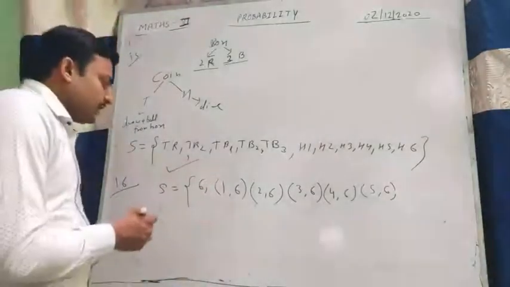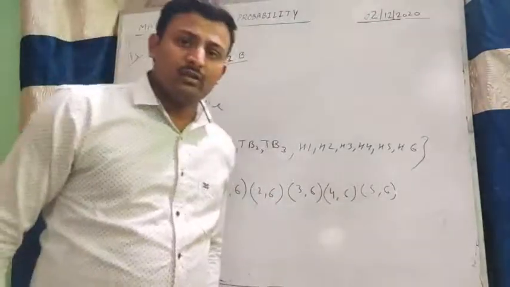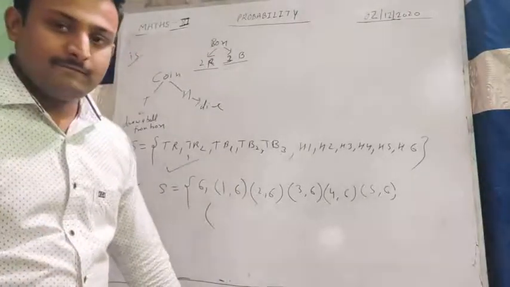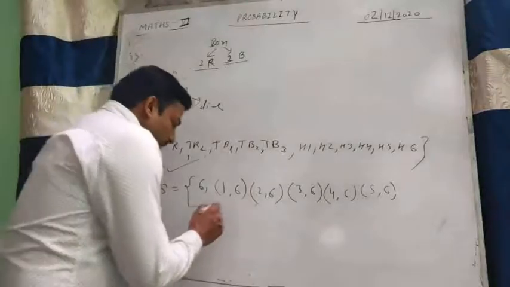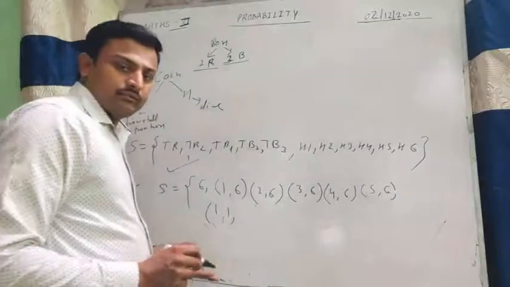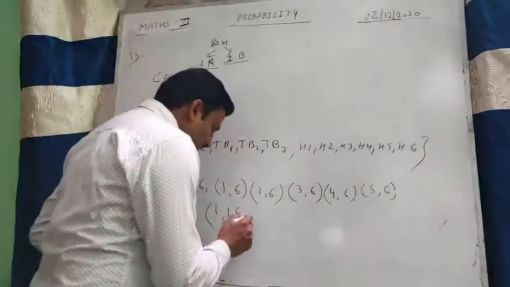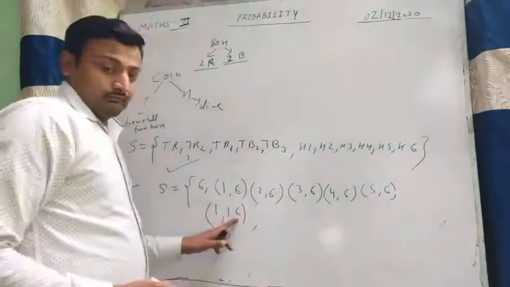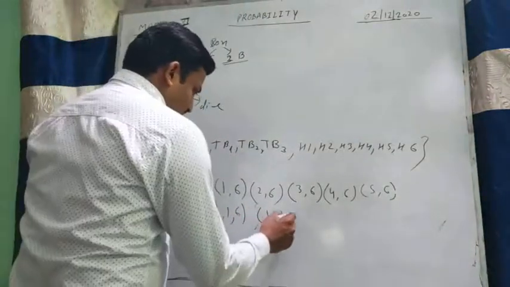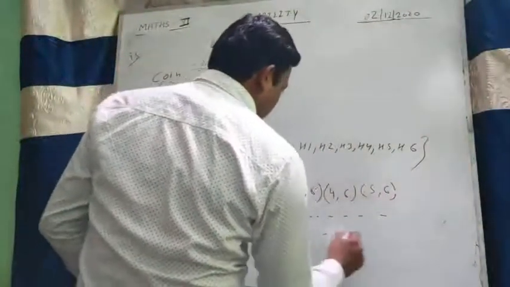Again, in the third roll, if the first is not 6 and the second is not 6, maybe the third time we get 6, so that is next. And if first not, again not, it will go on and on.